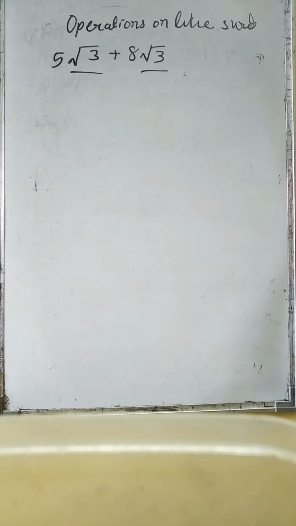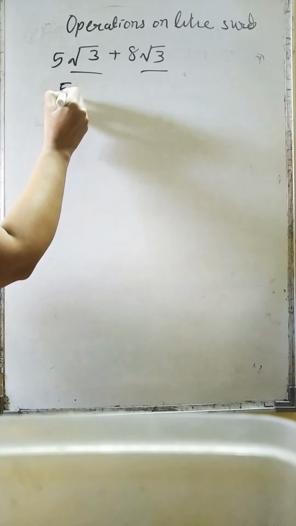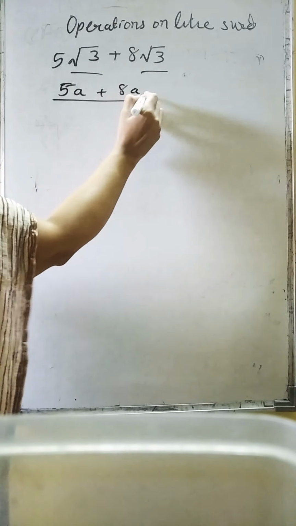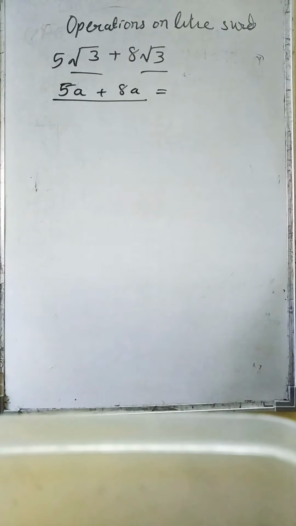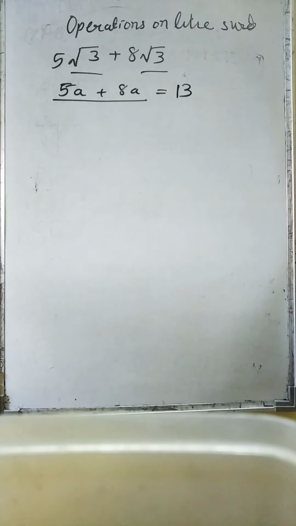So to know about it, let us first understand about the addition. What you are going to do is like 5a plus 8a. What is the answer in algebra? 5a plus 8a? 13a. We don't write 13a square. We have 13a.